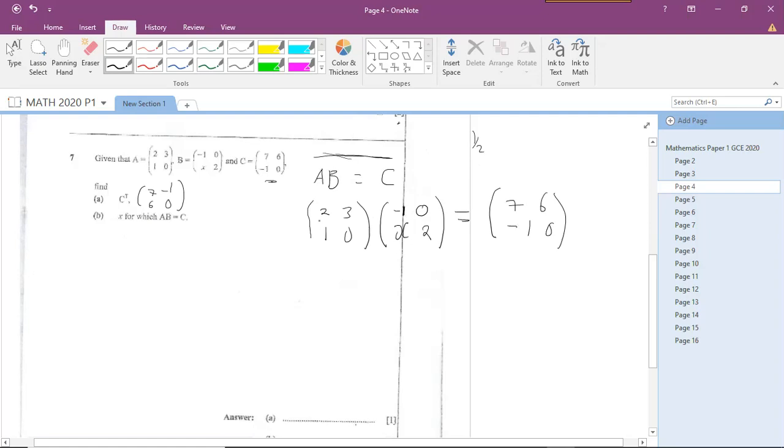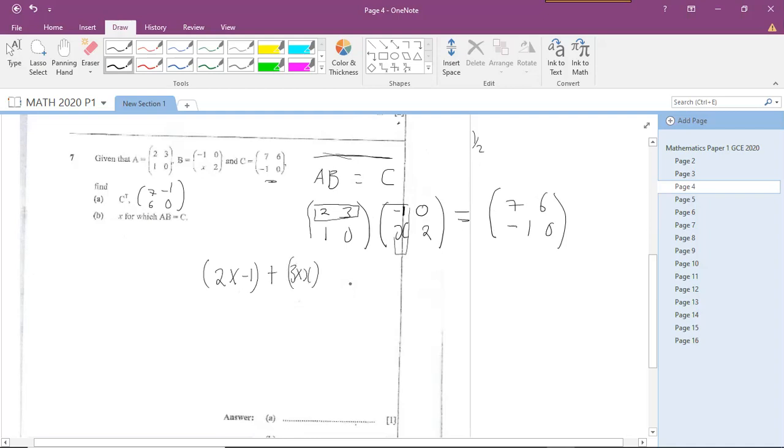So we continue. This entire row here is going to multiply this entire column. So let's do that. We said 2 times -1, so we're going to have 2 times -1 plus 3 times x.